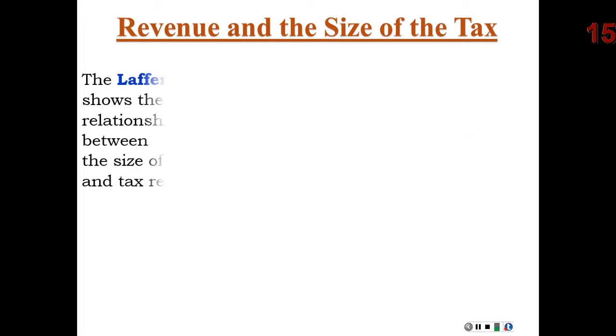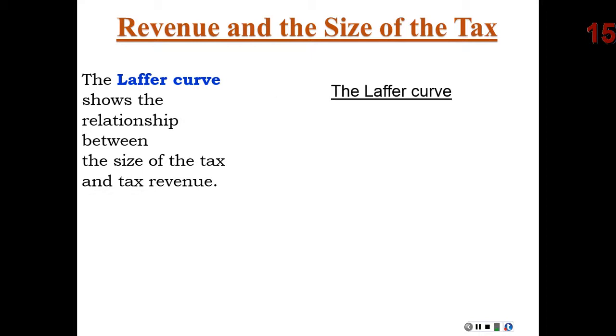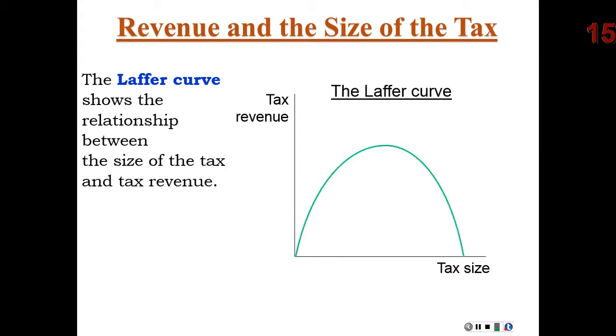This thought process is the intuition behind the Laffer curve, which describes a relationship between tax revenue and tax size. When you start at the origin with very small taxes and increase the size of the tax, you're obviously going to increase tax revenue.